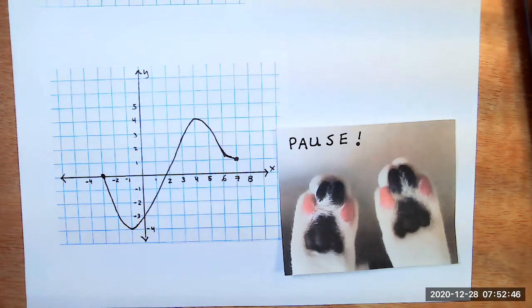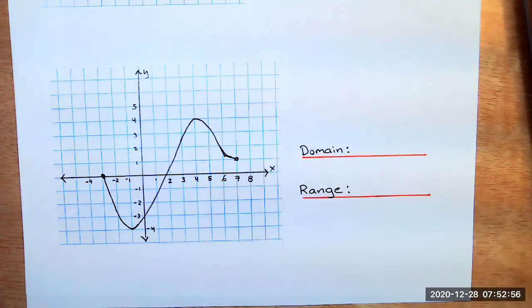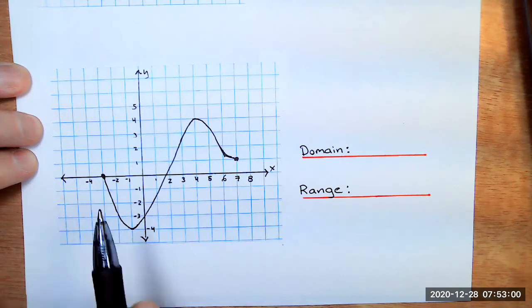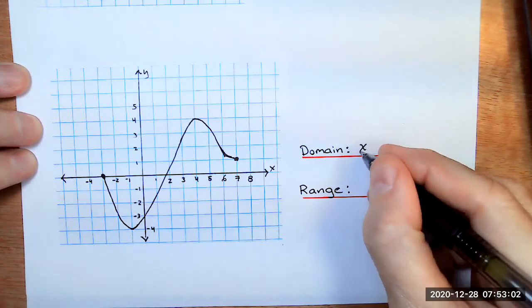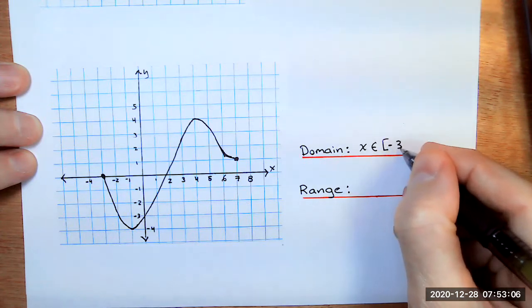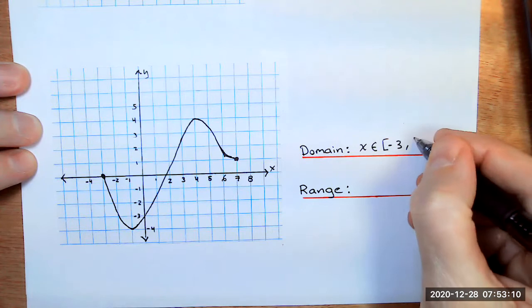All right, what is the domain and range of this function? So if I were you, I'd hit pause and do this one on your own. All right, the values of x. The smallest value of x is -3. And the largest value of x is 7.